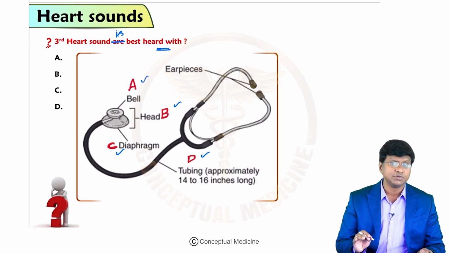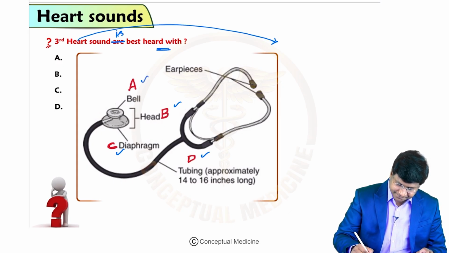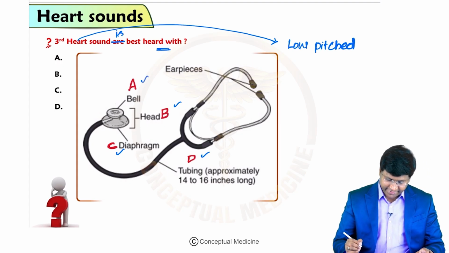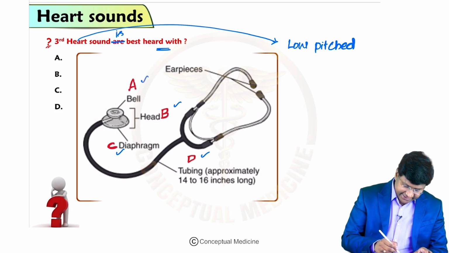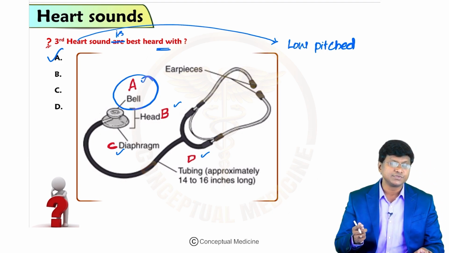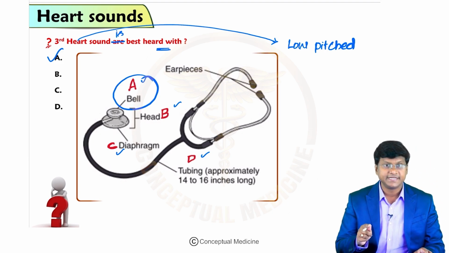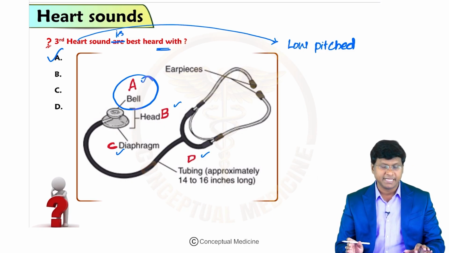So please remember, the third heart sound is a low pitched sound. Low pitched sounds are heard better with the bell of the stethoscope. High pitched sounds are heard better with the diaphragm of the stethoscope. So the answer is A, bell.